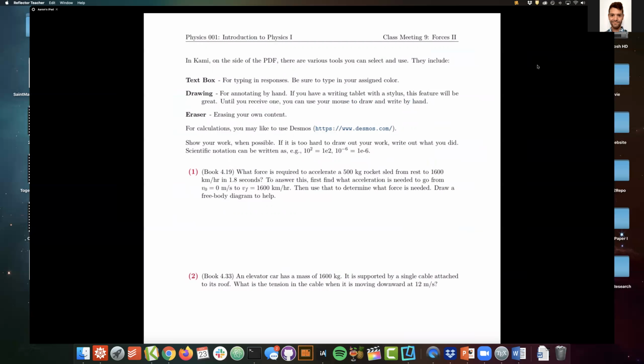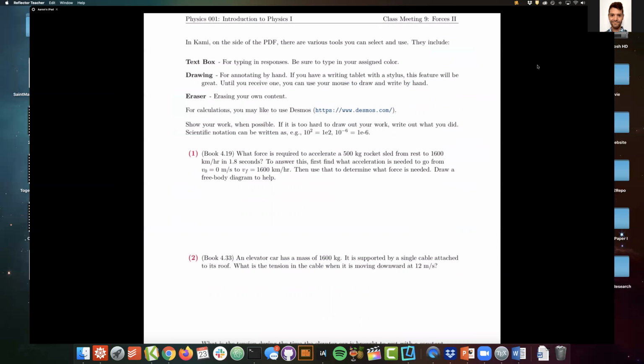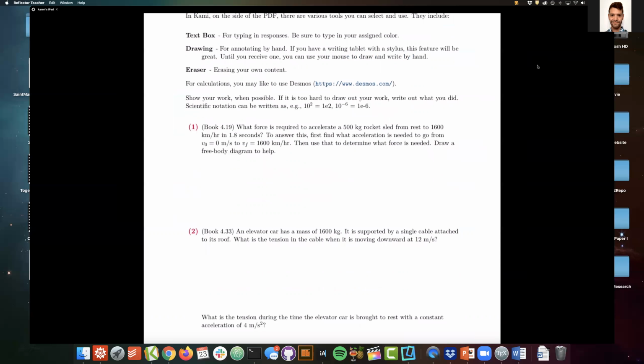Now we get into some Newton's law problems. What force is required to accelerate a 500 kilogram rocket sled from rest to some final velocity in 1.8 seconds? First, find the acceleration you need to go from that to that, then use that to determine what force is needed. Draw a free body diagram to help. Since it was a sled, I was intentionally thinking that this was horizontal.